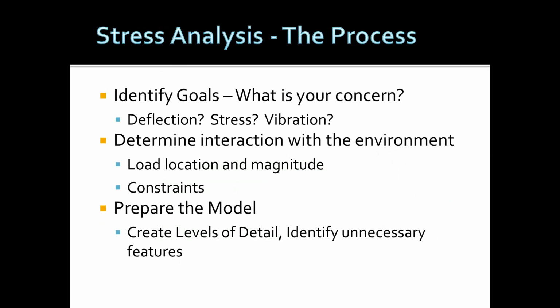Fillet radii are notorious about this. A lot of times they won't have any effect, especially if they're in the area of the model that's not even being loaded or constrained. So if you leave those features in there, then it can add to the cycle time for the analysis. If you suppress those features, it can speed the analysis up, and the results are usually not affected.